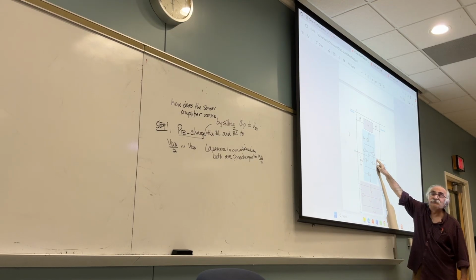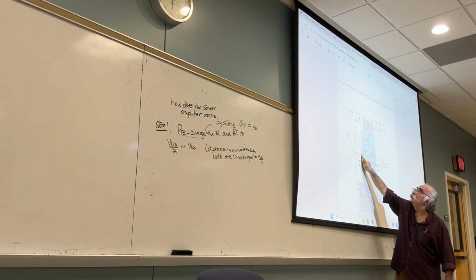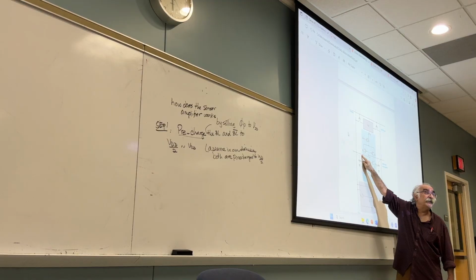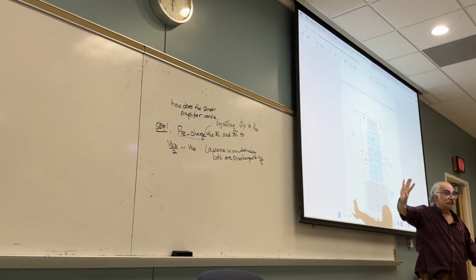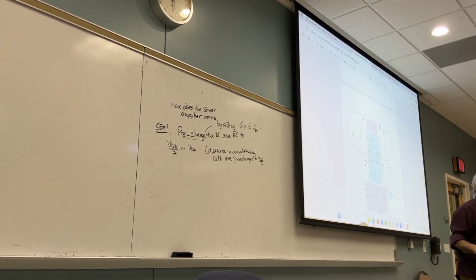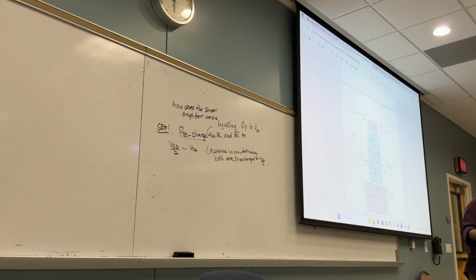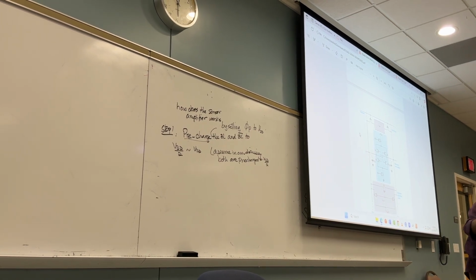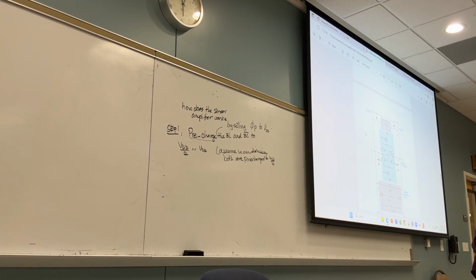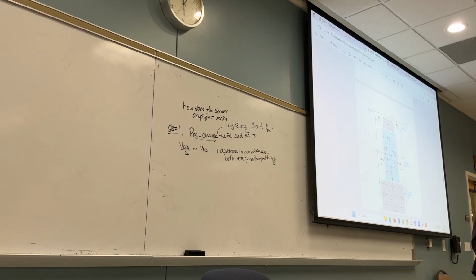VDD over 2. At what voltage? VDD over 2. Let's stop here for just a second. How could that be? One of them is VQ, the other one is VQ bar. Did you follow me or not? Initially, they are both at VDD over 2.